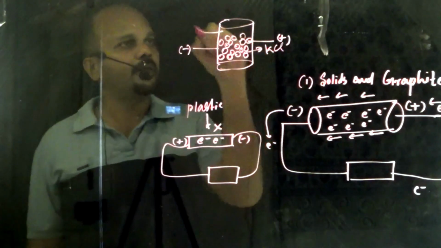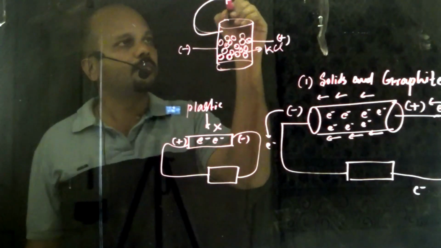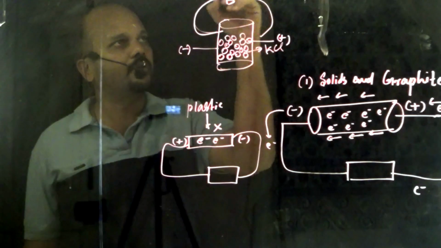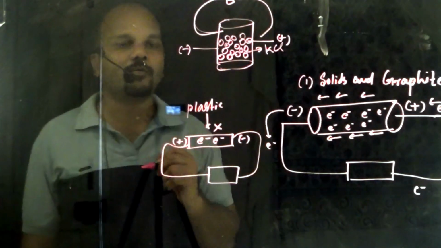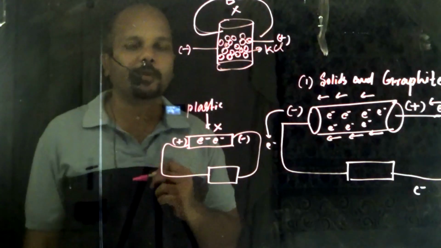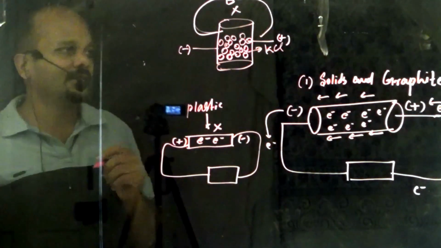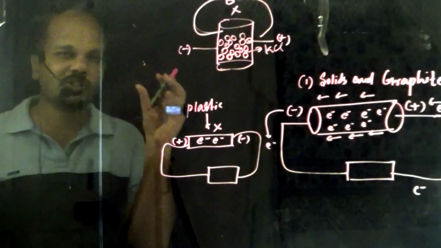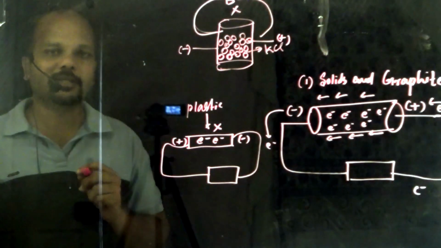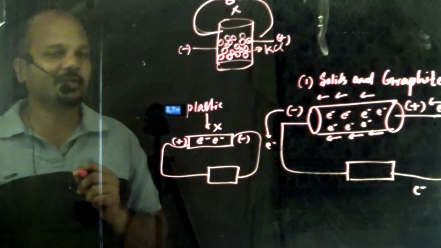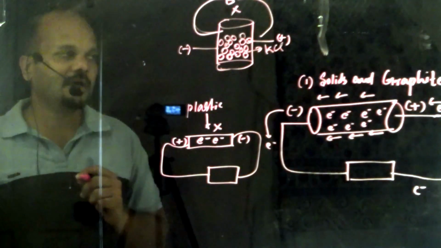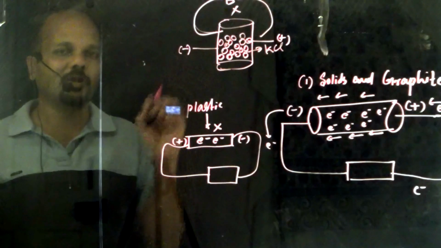If you connect a bulb, this bulb will not glow. No glow of a bulb will happen, because in the solid state, no ionic solid will conduct electricity.